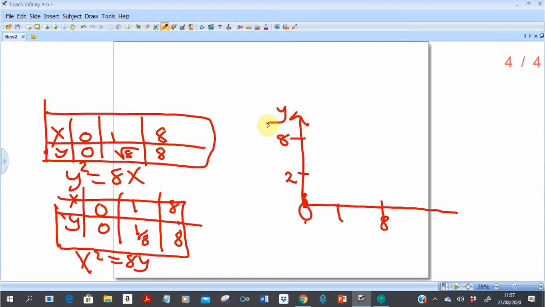Okay, so actually when you do your plotting, you have, okay, and the other one going like that.